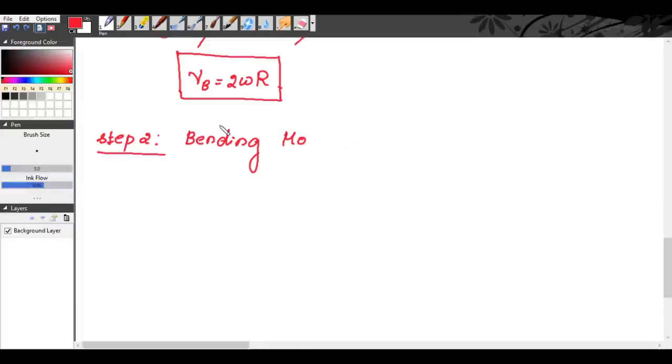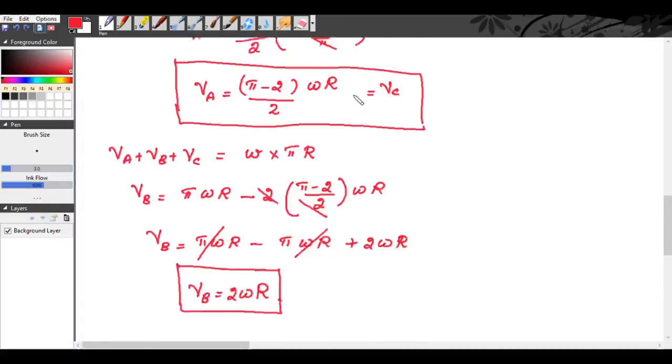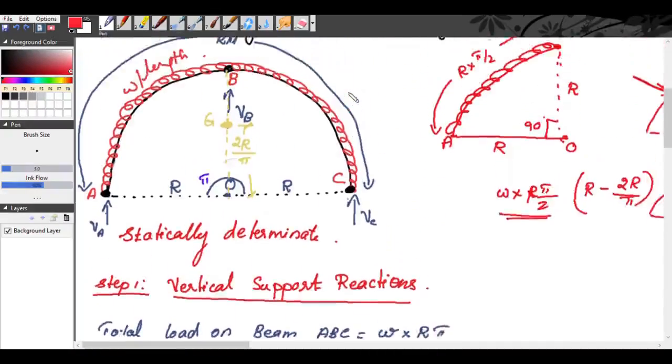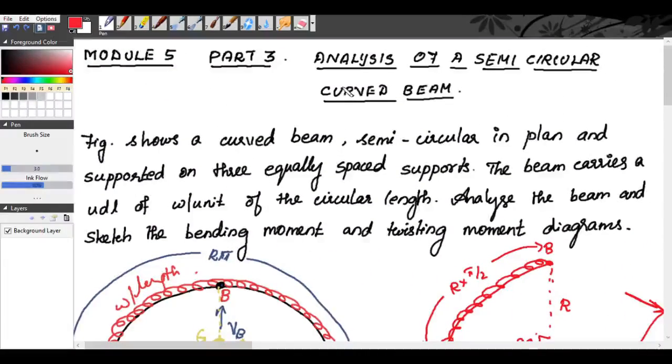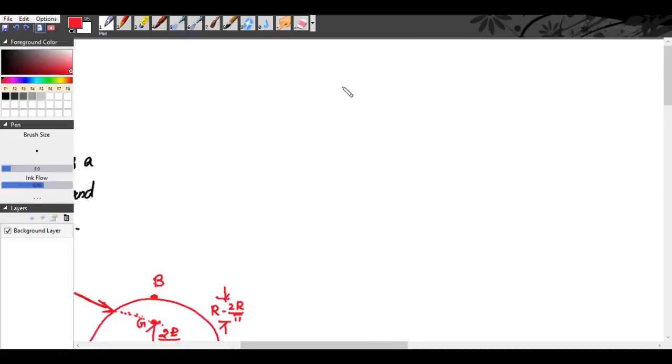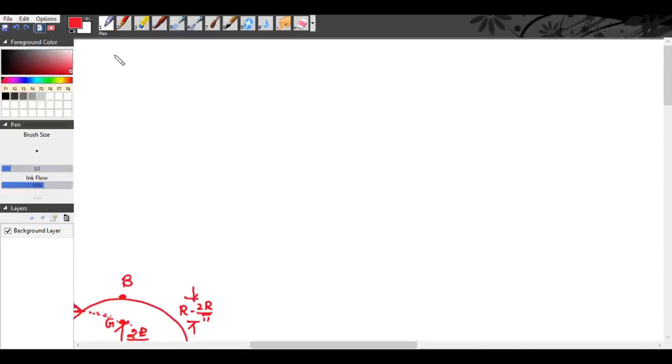I will move on to the next page. Okay. So step 2 is bending moment.